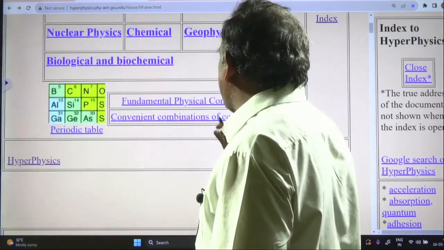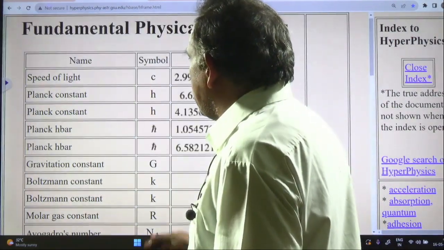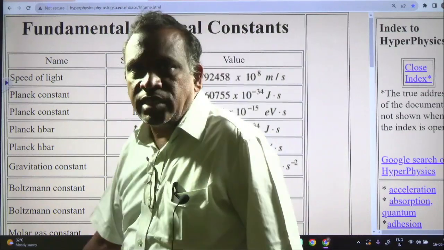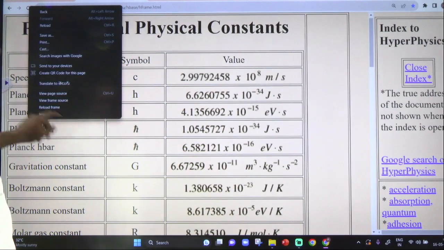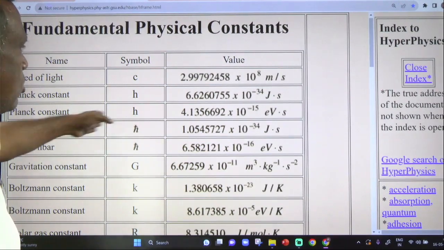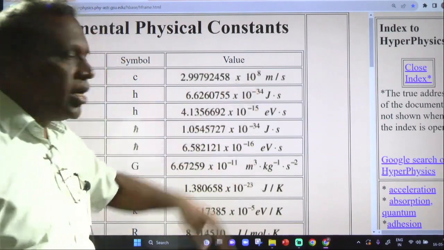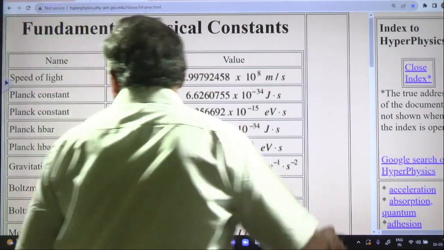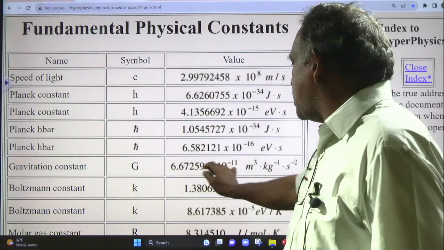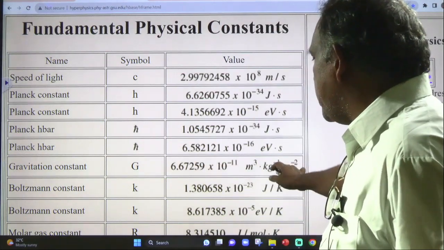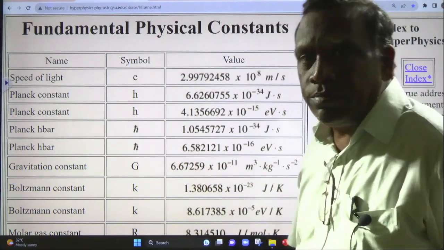So, fundamental physical constants. The speed of light is 3 into 10 to the power of 8 meters per second, approximately. Planck's constant is 6.6 into 10 power minus 34 joule second. The gravitational constant is 6.6 into 10 power minus 11 meter cube per kg second square.